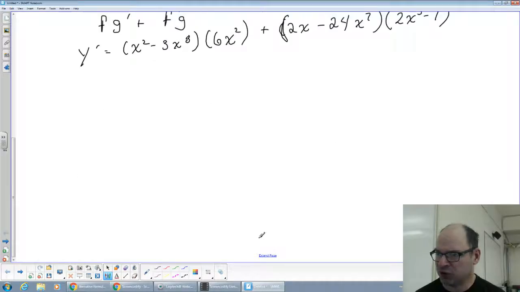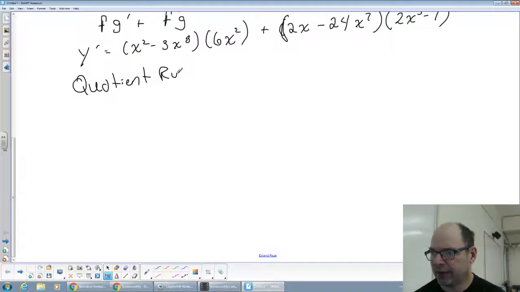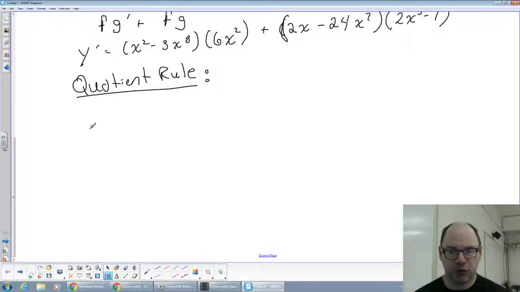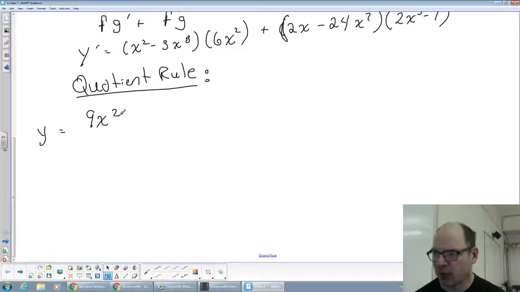Then we went into a quotient rule example. Say y equals 9x squared minus 8x, all divided by 3x to the fourth.